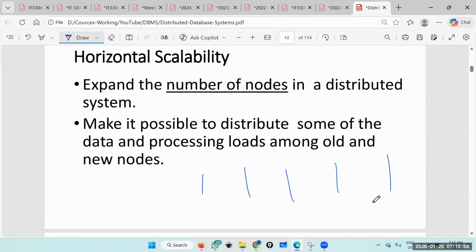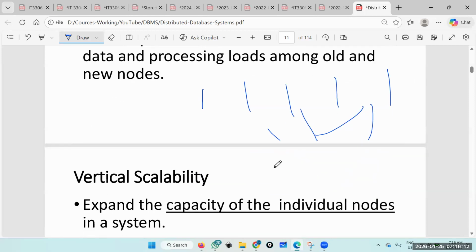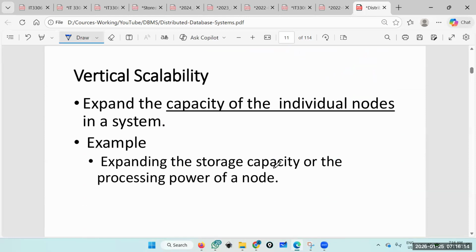You can add another node, so some machines are now connected here that used to connect there. So that is scalability. When we have more and more users, we can add more and more nodes. But vertical scalability is you increase the capacity of the individual node, right? Better memory, better storage, and so on.